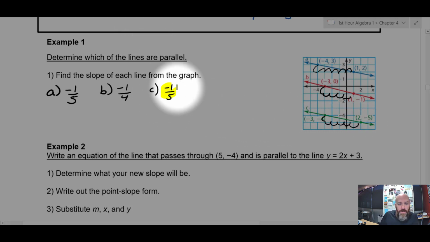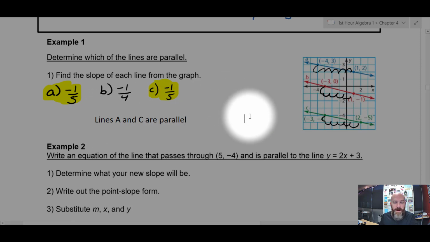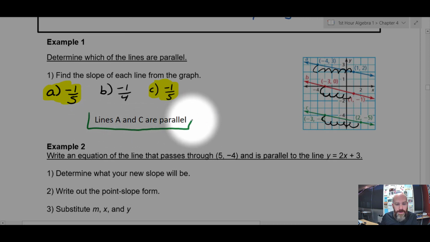So notice how line C and line A have the same slopes. So what I would do here is I would say lines A and C are parallel. There we go. That would be our final answer for example 1.